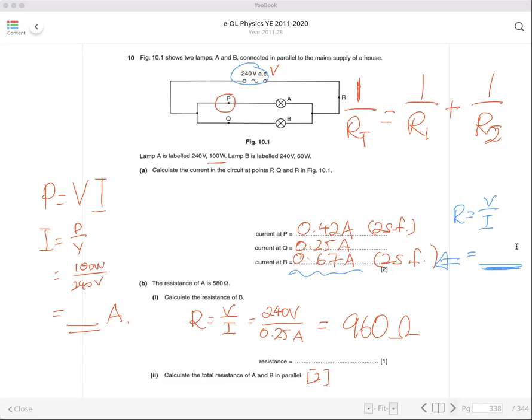Okay, Pei Kwan, quickly calculate. I will give you this. R1 is 580. R2 is 960.